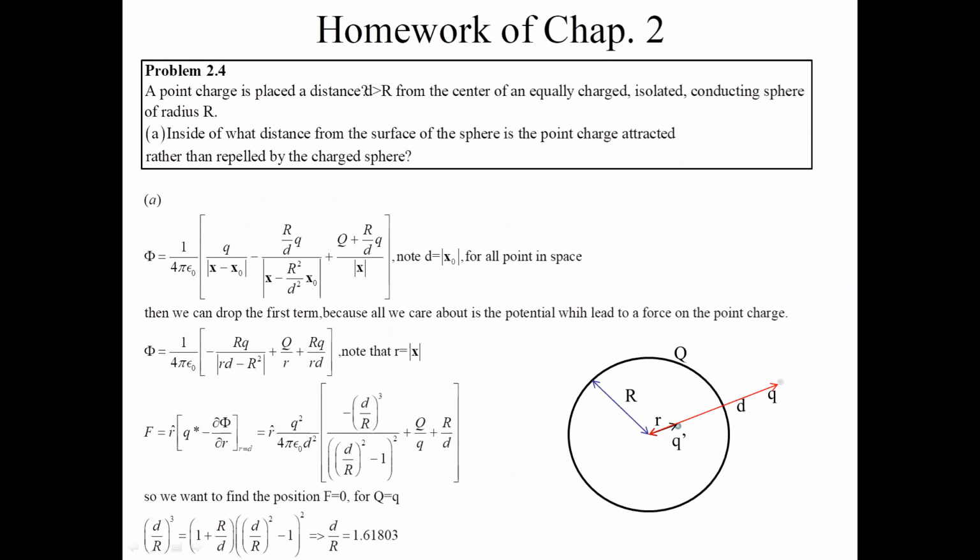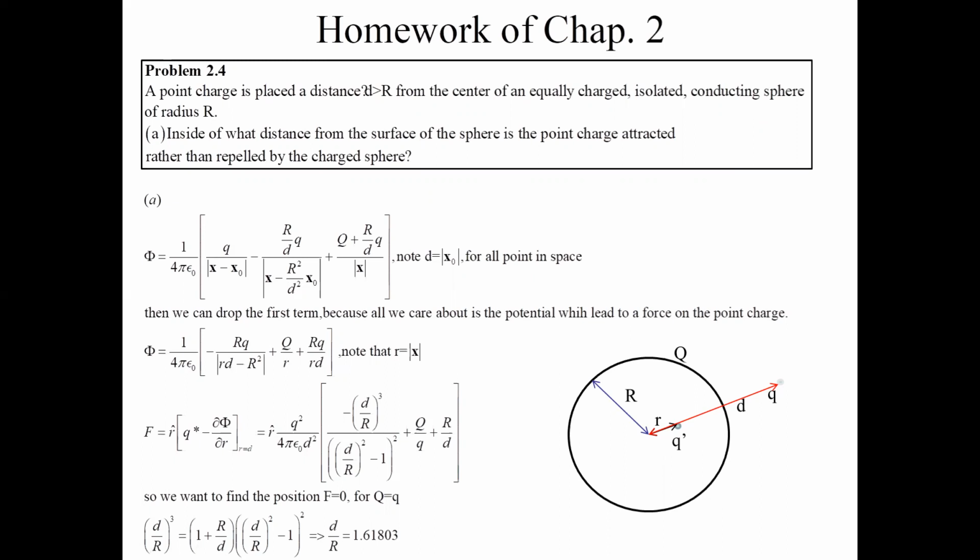Then for problem 2.4, here we have a charge outside of the surface, and we assume a total charge big Q on the surface. So we separate the problem into two questions.